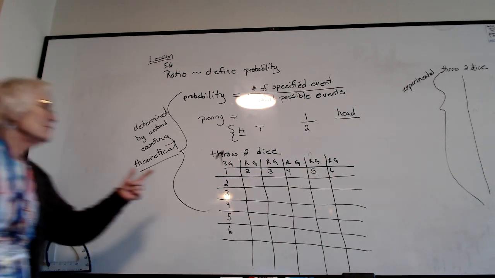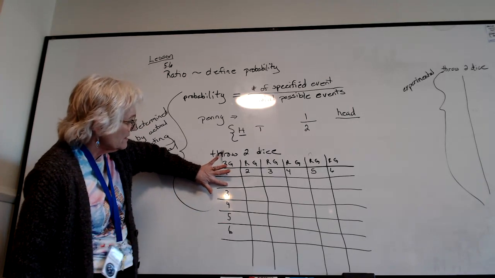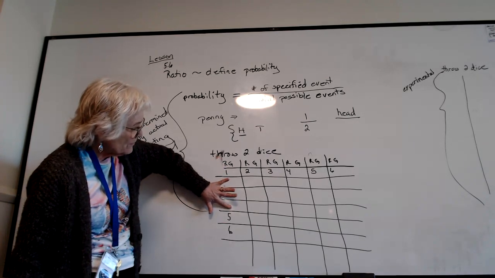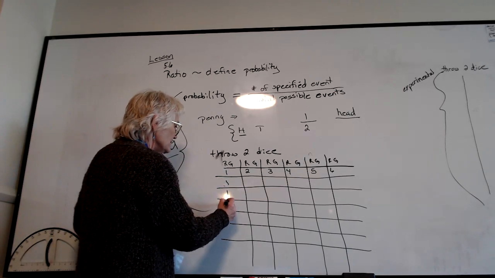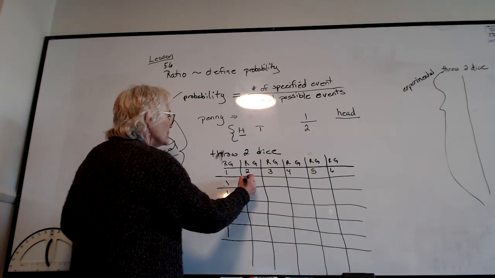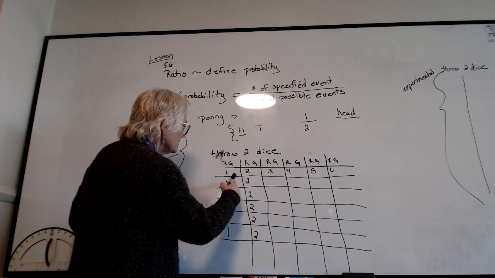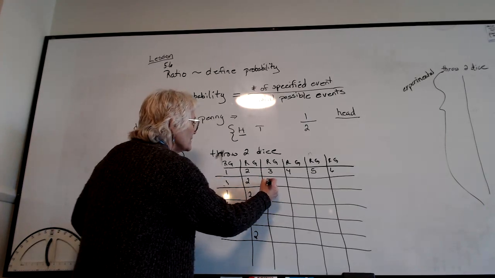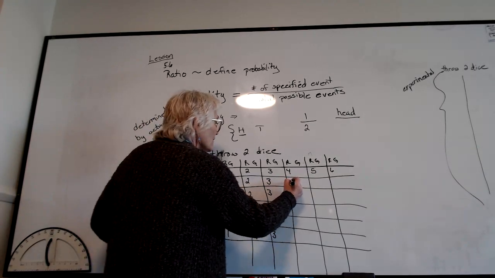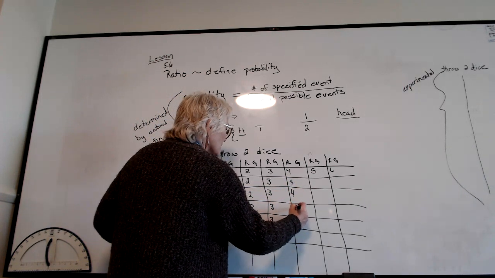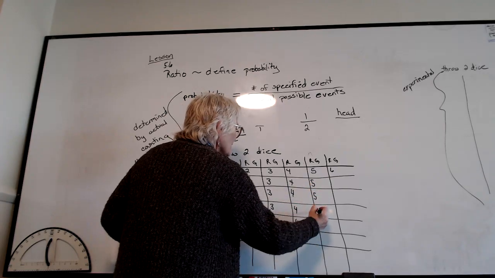I did this wrong, I'm sorry. This will always be 1s all the way down, this will always be 2s all the way down, 3s, 4s, 5s, 6s. This is the easiest way to figure it out.